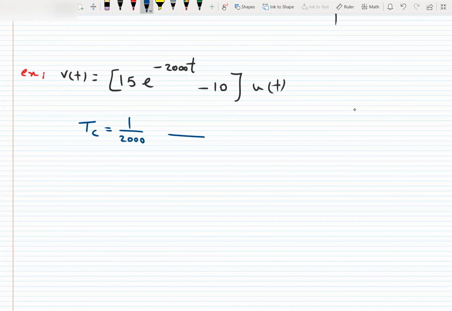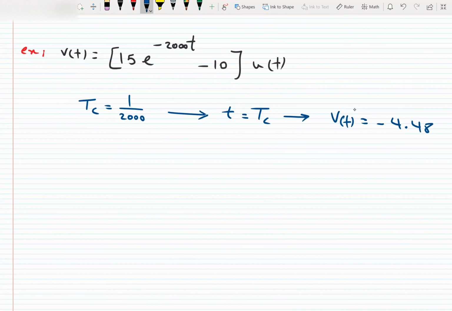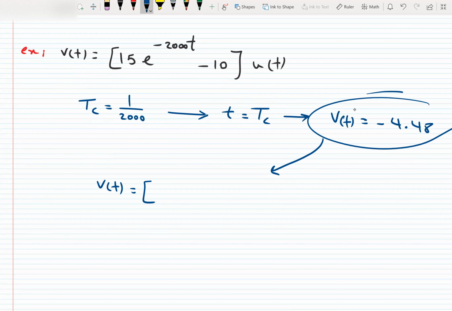And if we apply t equal to tc, v of t will be equal to, yes, the total signal will be negative 4.48. How did I find this? I just simply substitute t with tc.